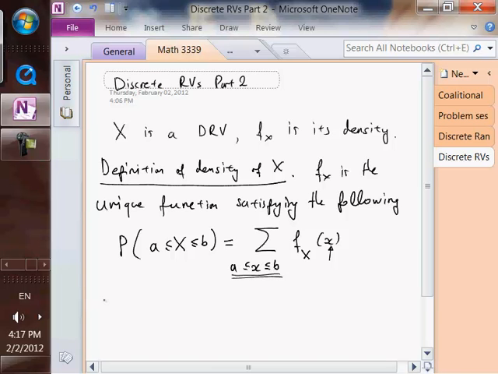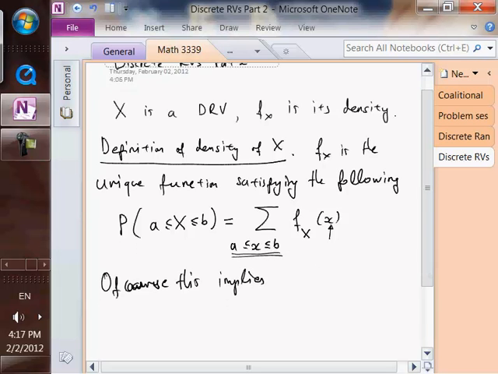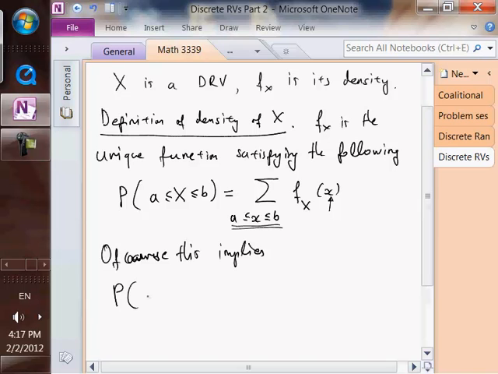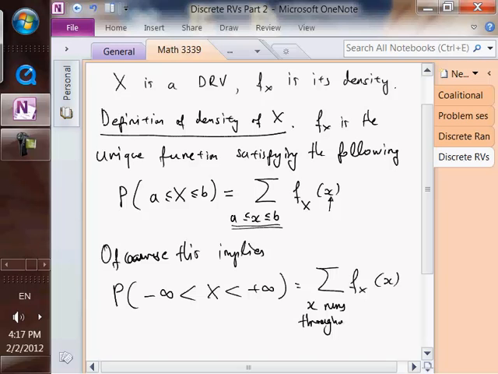Of course, this property implies that if you sum over every value of x, so if you say what is the probability that the values of the random variable will be between negative infinity and plus infinity, well, that includes all the values of the random variable. That should be equal to summing all of the values, so x exhausts all the values of the random variable X, and therefore this should be equal to 1.